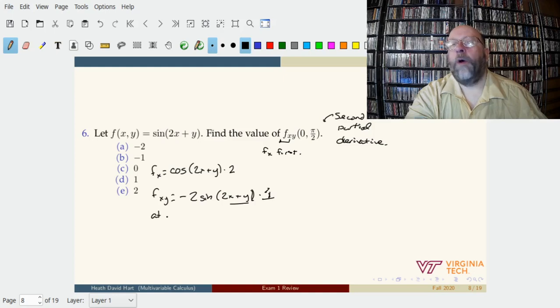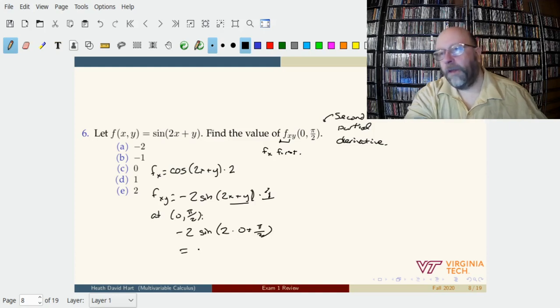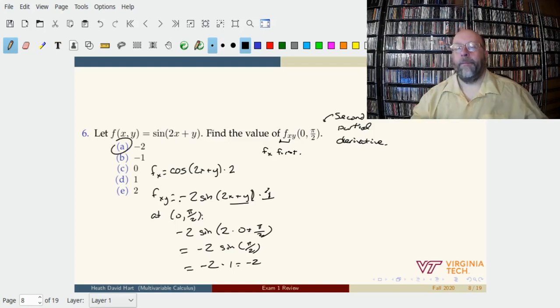And at the point 0, pi over 2, we get negative 2 times the sine of 2 times 0 plus pi over 2, which is negative 2 times the sine of pi over 2. Sine of pi over 2 is 1, and so we get negative 2. All right. Let's keep going.